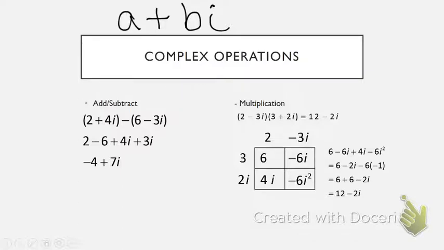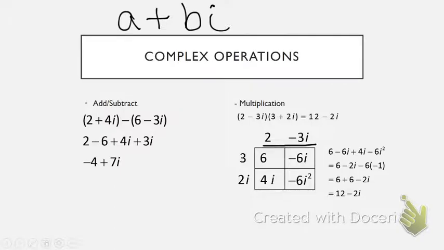Okay, multiplication. We use the box method, the area model, to multiply these two binomials together. If you know FOIL, use your FOIL method, all right? But here at Marietta, we have taught this area model. So we set it up, 2 minus 3i on the top.